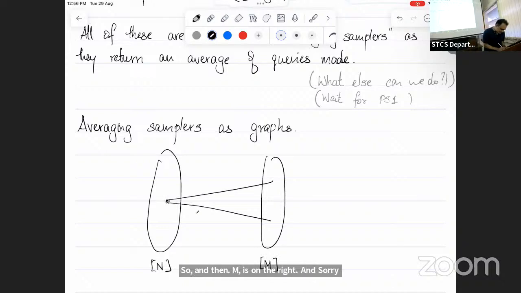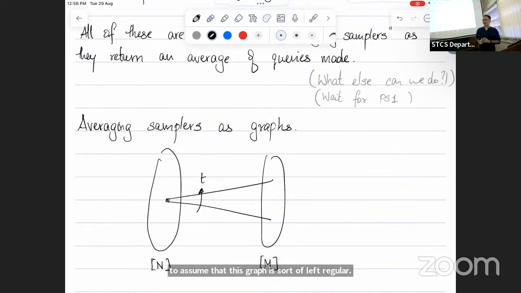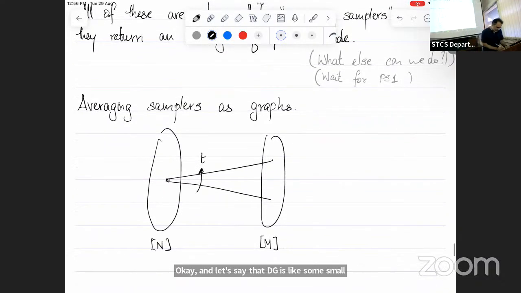I'm going to assume that this graph is left regular, and let's say the degree is some small t. The semantics I want to have in mind is that I should think of this n here as the random coin process. And this is in some sense the function domain.